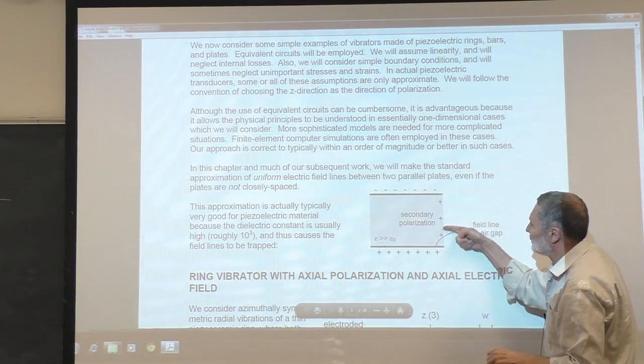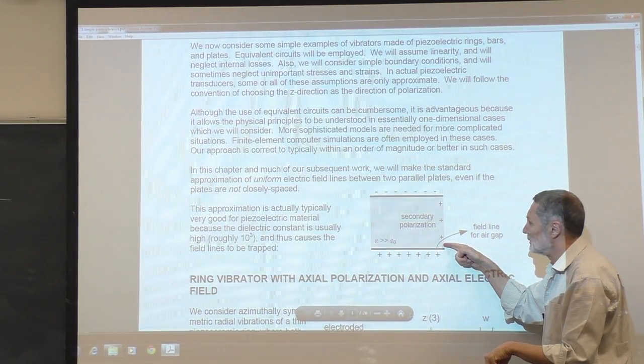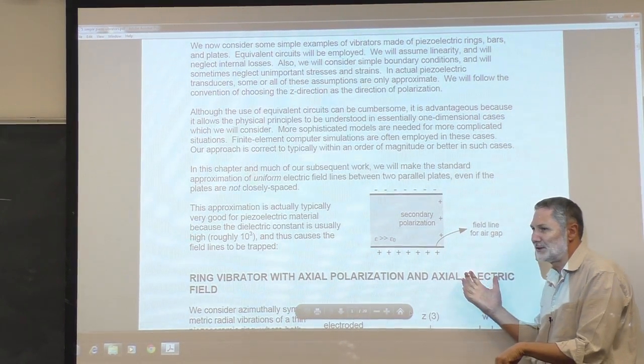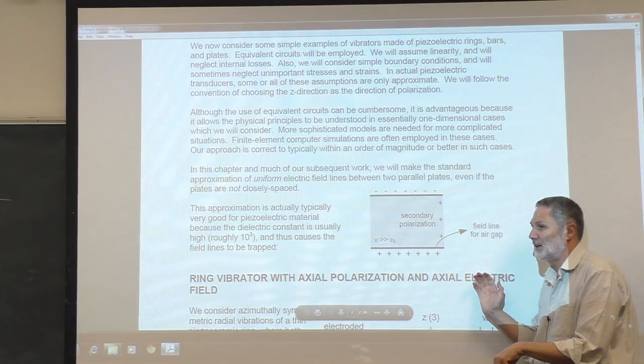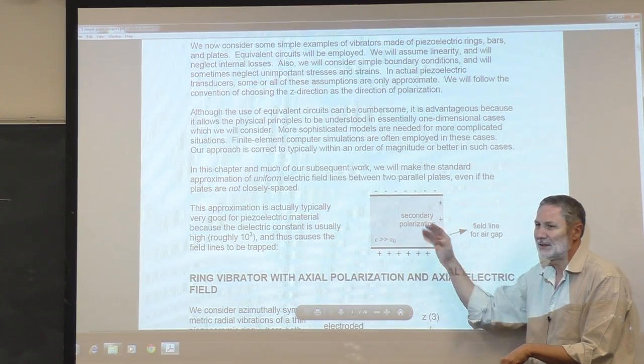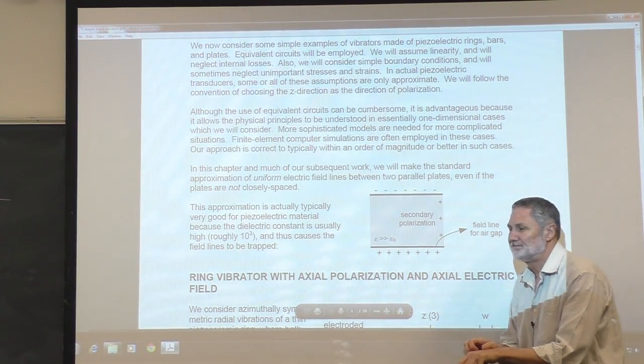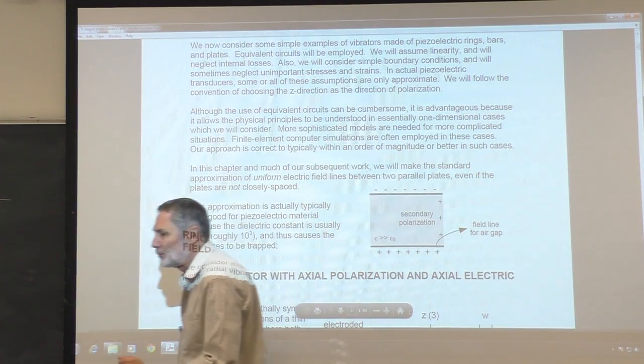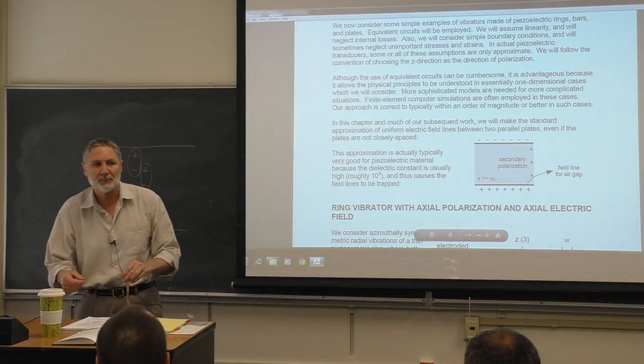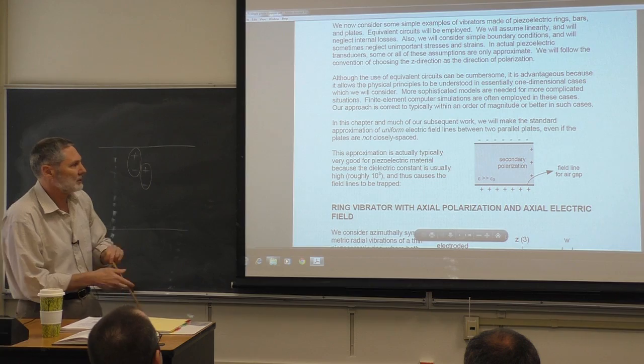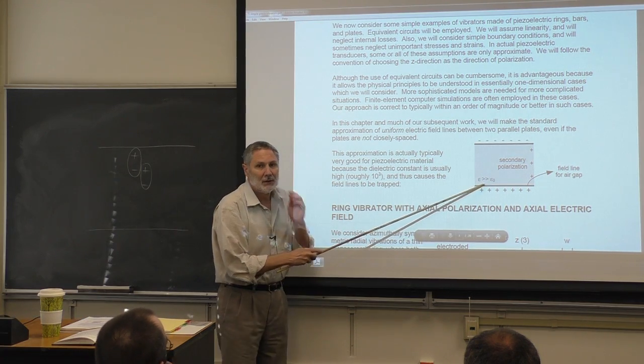Once you get this polarization, that has its own electric field. So what is the total electric field going to tend to look like? You see what's going to happen? It's going to push this back in there. That's trapping. And it works for highly permeable material, magnetically permeable, and highly dielectric material.